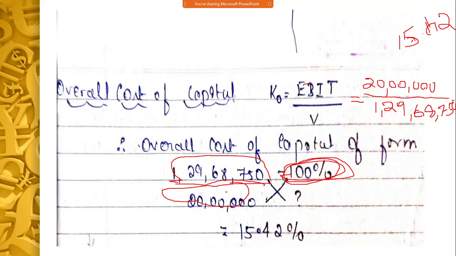So, you can find it out: if 1 crore 29 lakh 68,750 is 100%, in front of that, what percentage is represented by 20 lakhs, and it will also give you the exact same amount. Now it is nothing but the explanation of this particular formula.